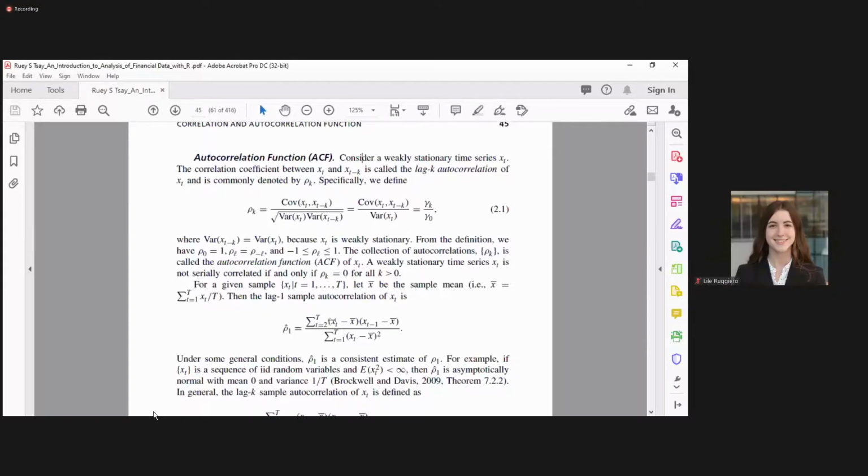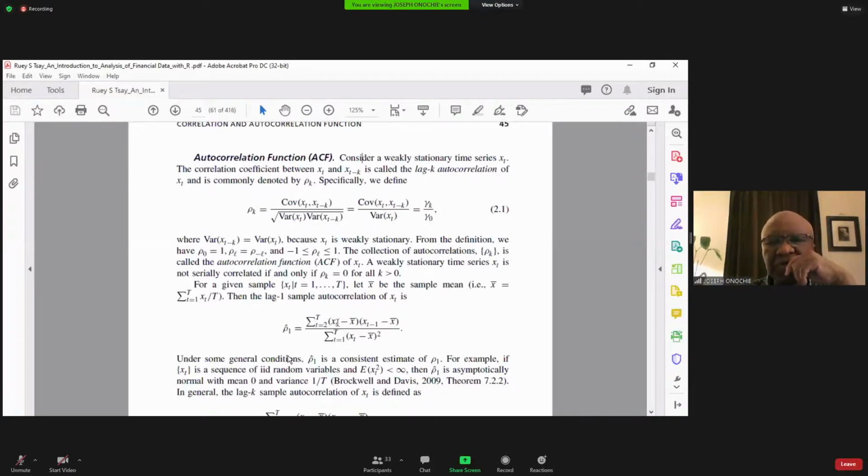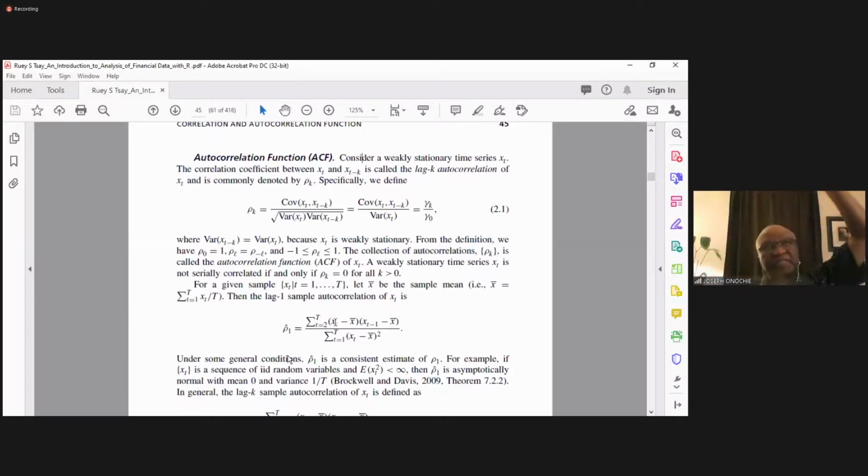Okay. And then we break down this equation into its components. The covariance, the one on top here, would be return minus, so if you have a series, you calculate the average of that series, that's x bar.